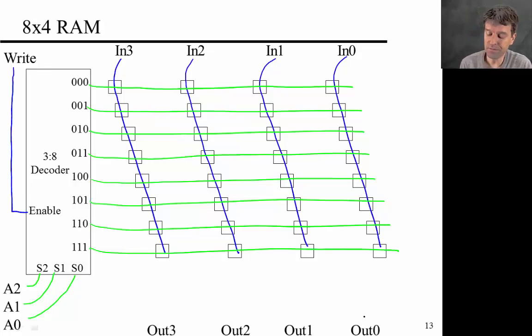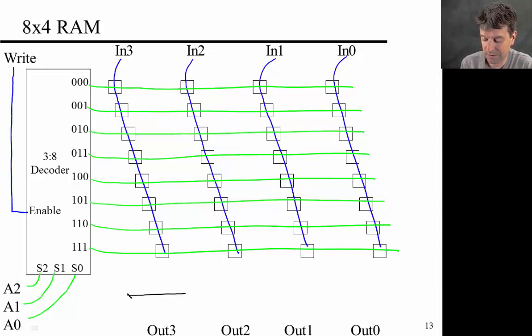So I need to pick data from one of these 8 cells in each column and put it into output. The component that allows you to do this is a multiplexer.